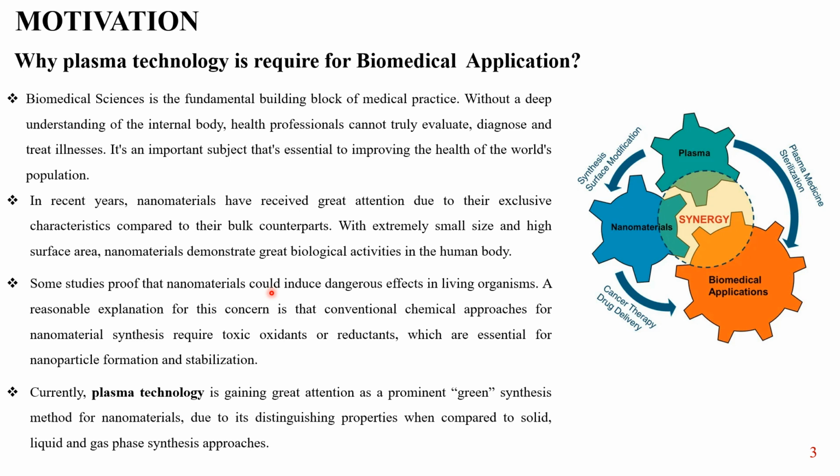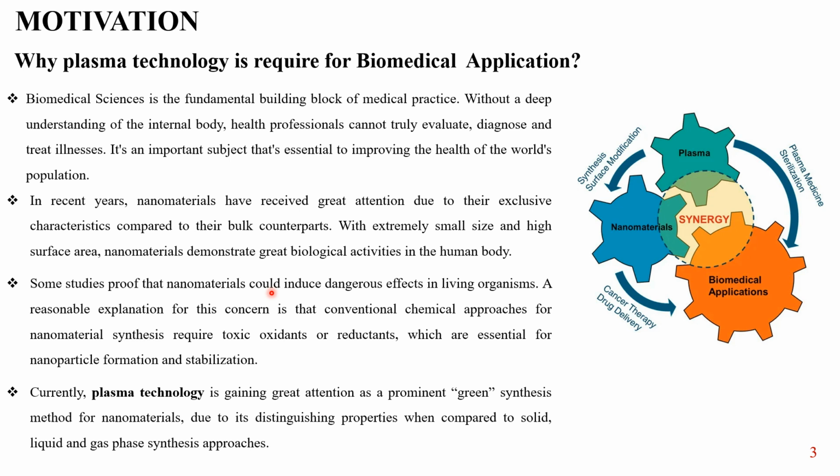So then, in recent days, nanomaterials have received great attention because of their exclusive characteristics compared to their bulk equivalents. Nanomaterials have a very small size, and that's the best advantage for nanomaterials.